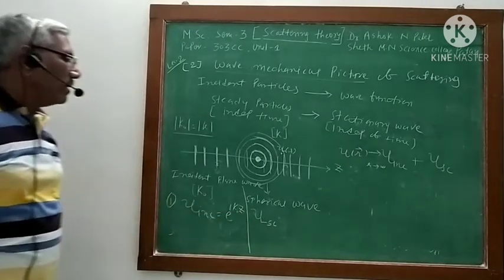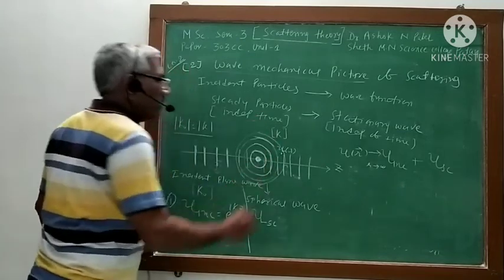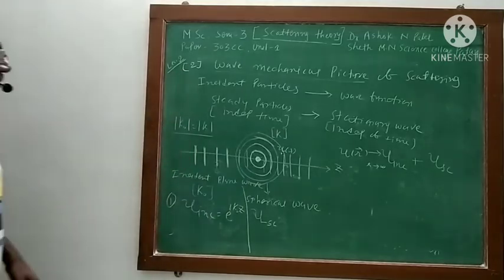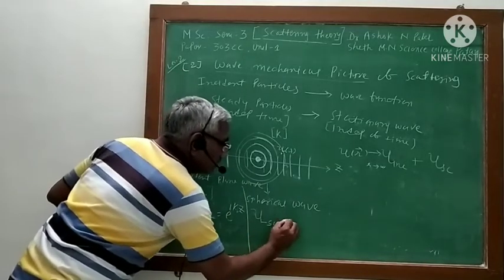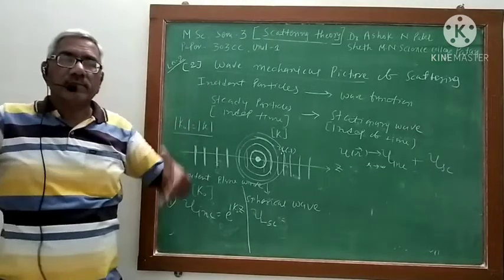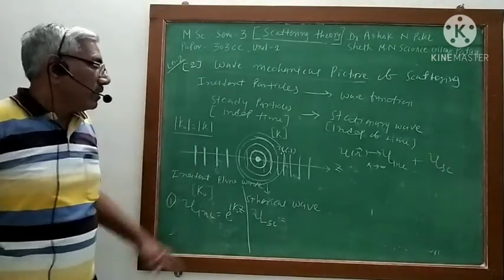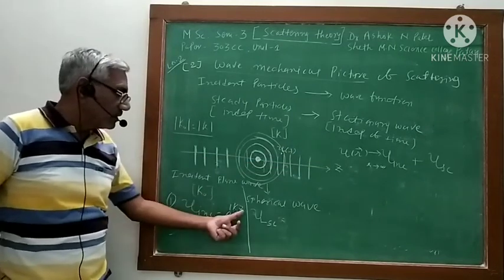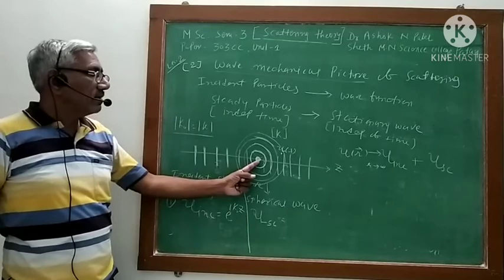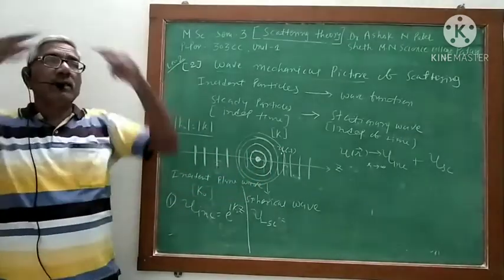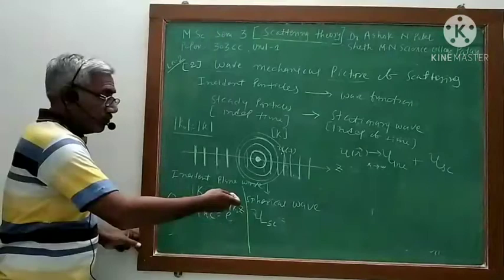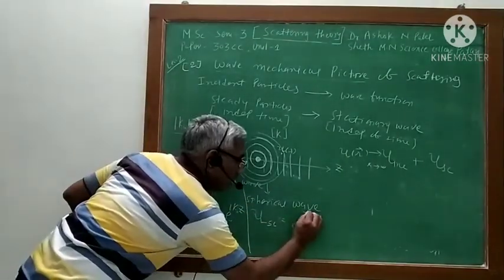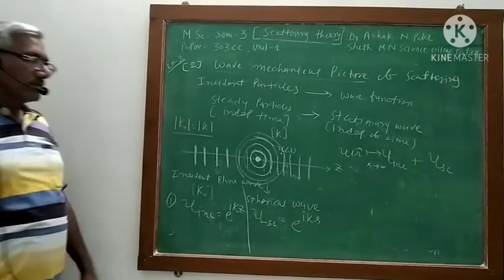It moves spherically outward, in the radially outward direction. So my scattered wave is expanding in all directions. Now my incident plane wave is in the z direction, that's why I have considered z. But when I consider that these scattered waves are moving in all directions, my wave function for scattered waves is e raised to i k r, isn't it?